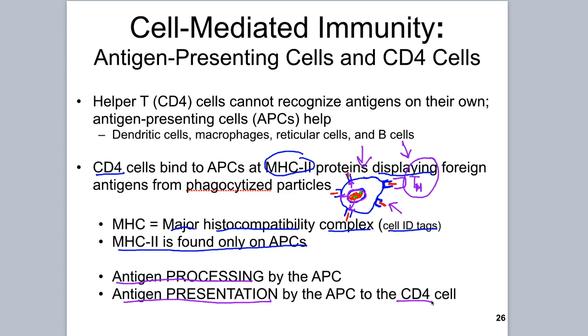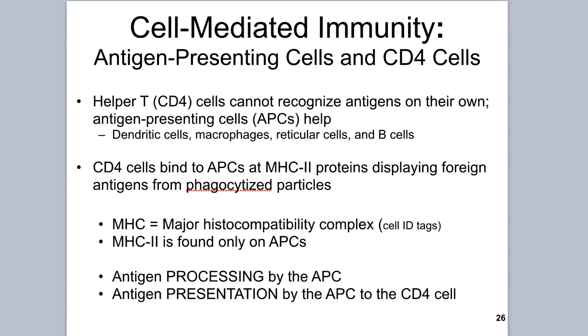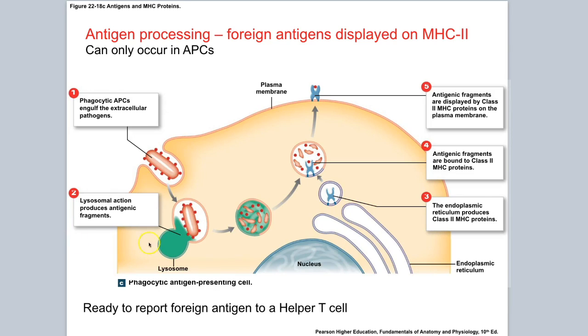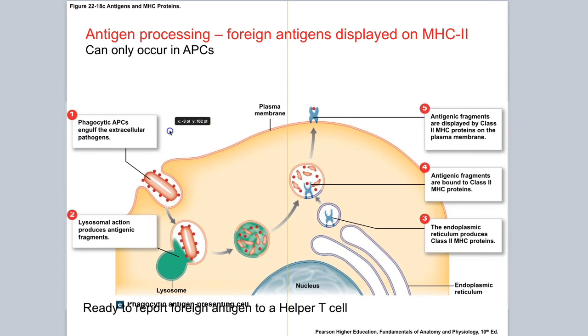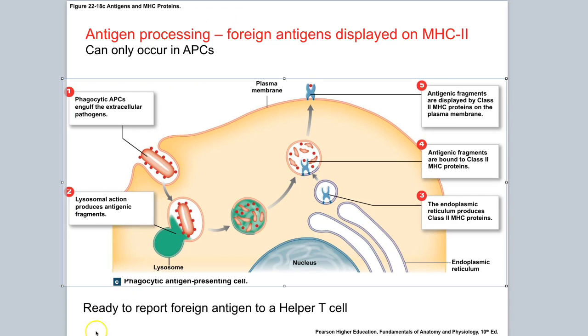Let's look at a diagram that shows this so you don't have to just rely on my little image there. This is a diagram showing antigen processing in a helper T cell. Here we have phagocytosis occurring.